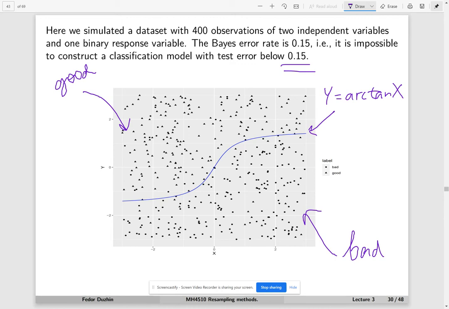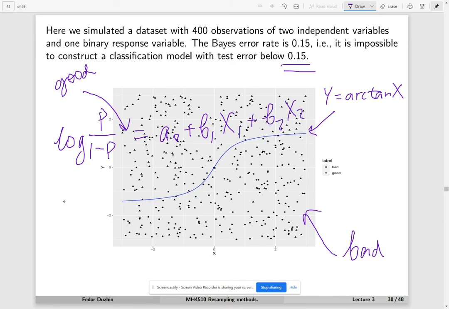Okay, and then I started fitting polynomial logistic regressions. The first of them is just linear logistic regression. So the log odds, the log of p over 1 minus p, is a0 plus b1 x1 plus b2 x2.